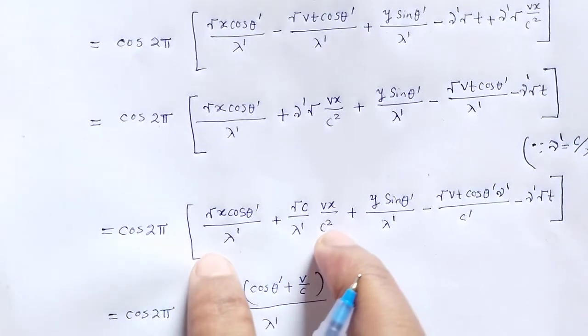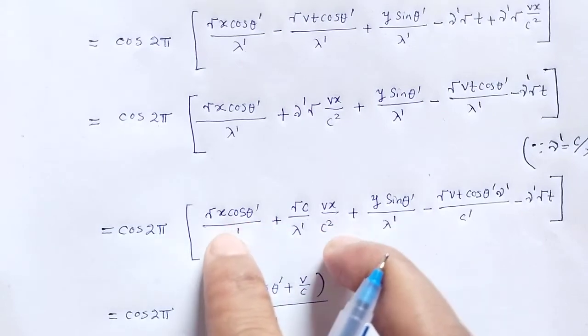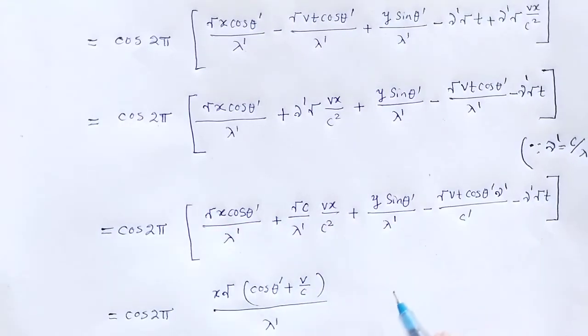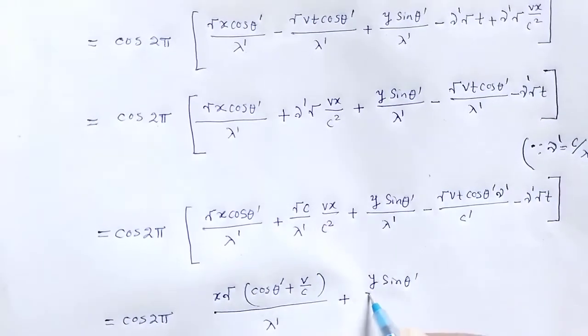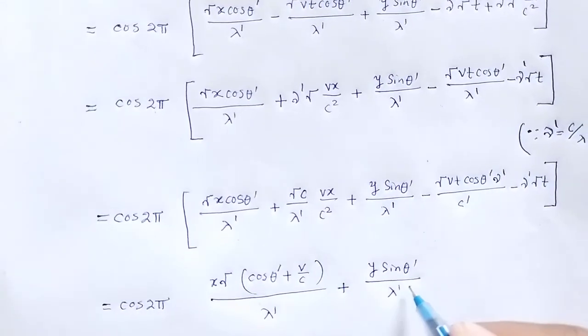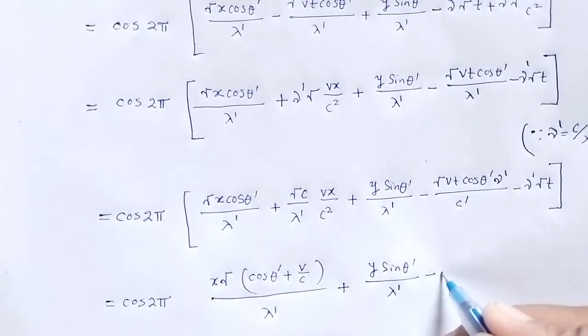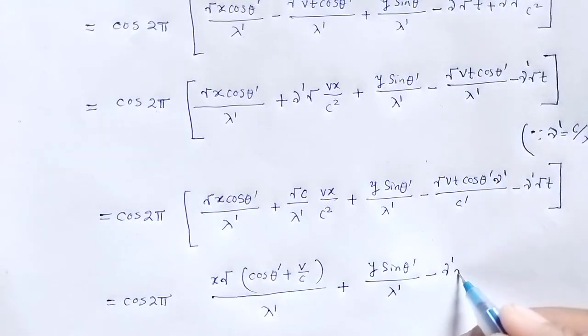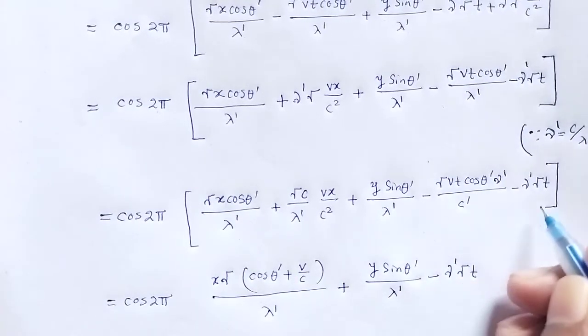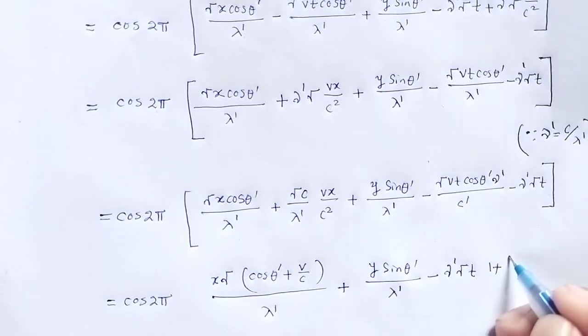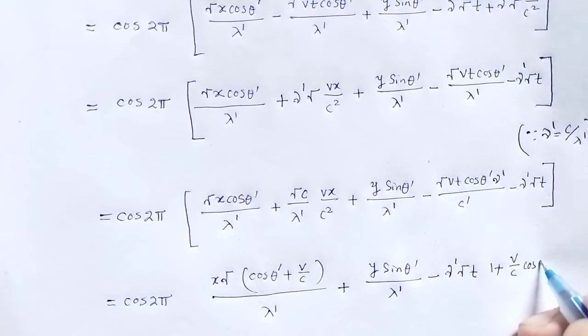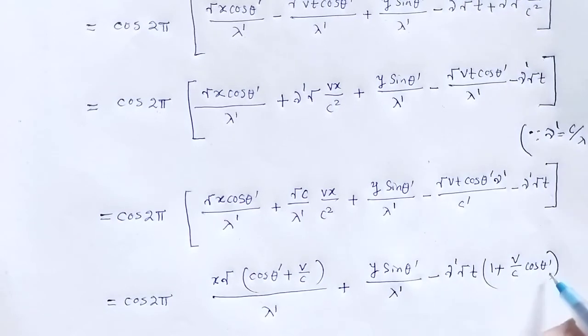We take these two terms plus y sin theta dash by lambda dash minus nu dash gamma t, taking as common, we have 1 plus v by c cos theta dash.